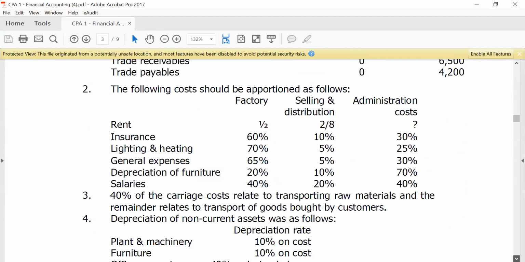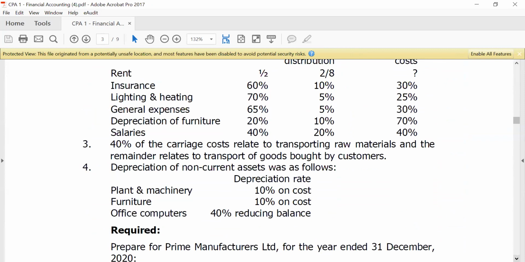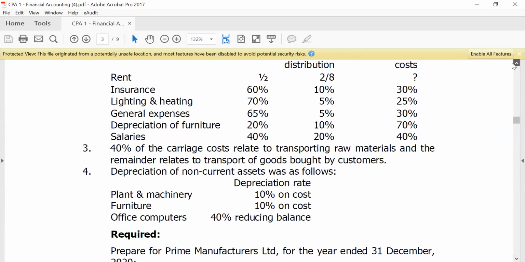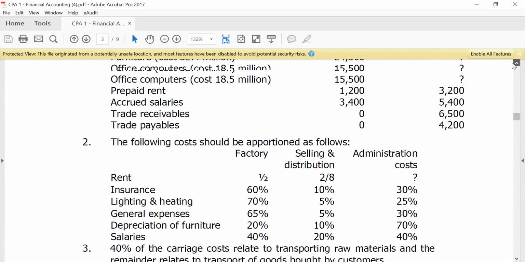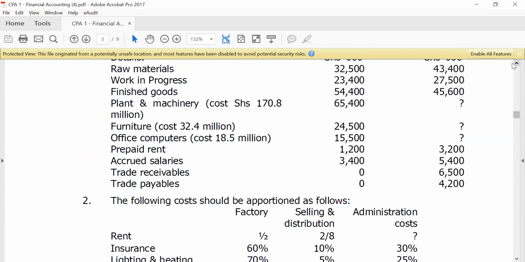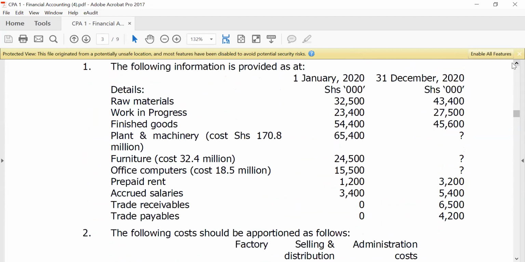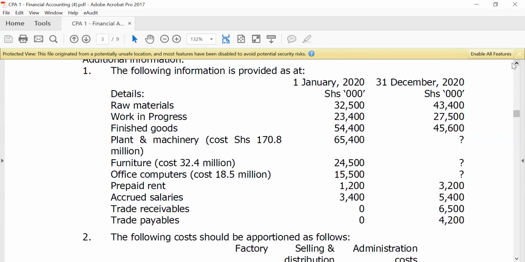We rather have to use what I usually call the control accounts to determine our credit purchases. Whenever we are determining the credit purchases, we use the so-called purchase control account, which is also called the creditors control account, accounts payable control account or payables control account.